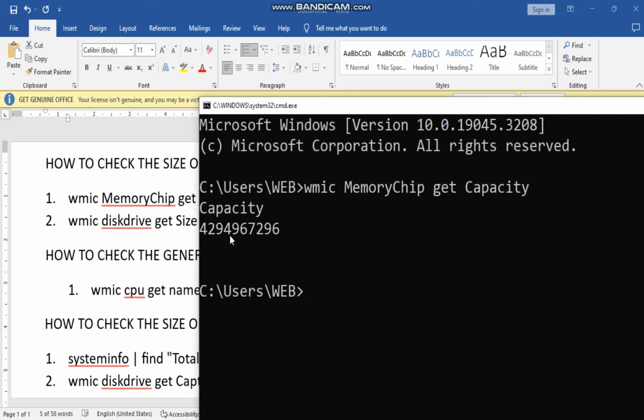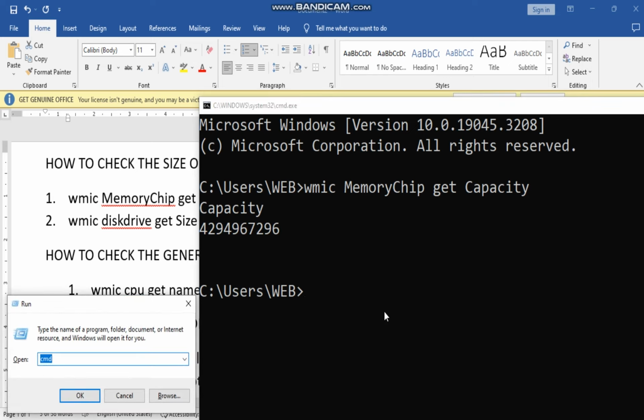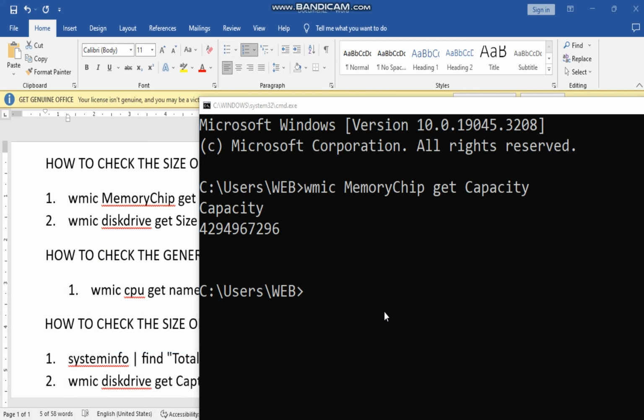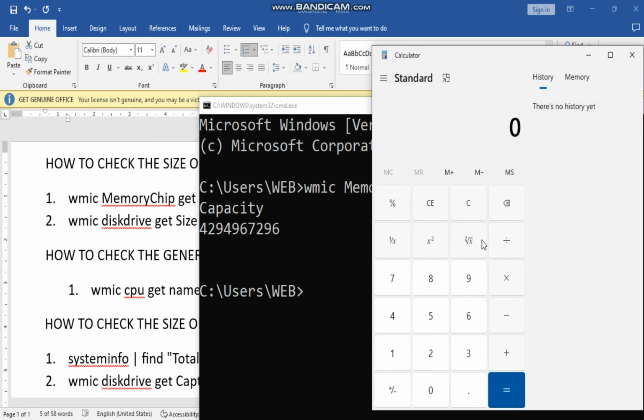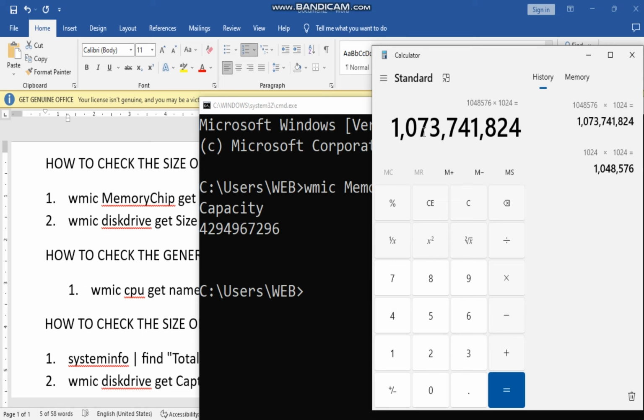So to get this one, we open our calculator and see 1024 is 1 KB, and we multiply by 1024 and multiply again by 1024, which is 1,073,741,824.